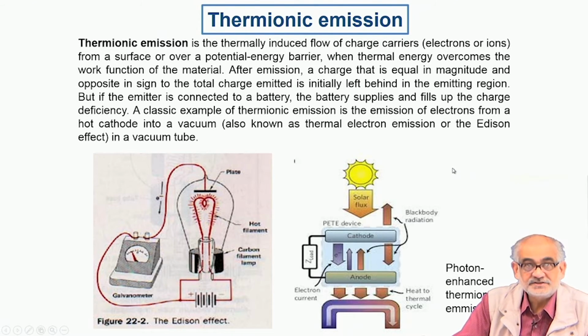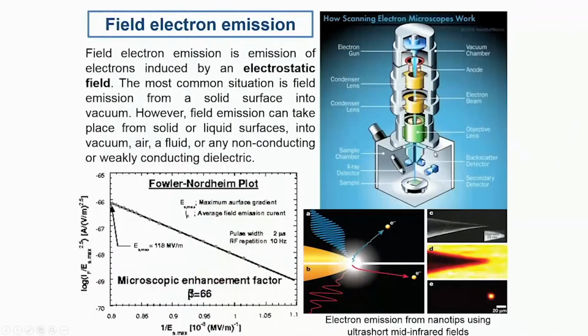So thermionic emission is a phenomenon or property which is dependent upon the ability to emit electrons from the surface due to excitation which is purely thermal in nature.